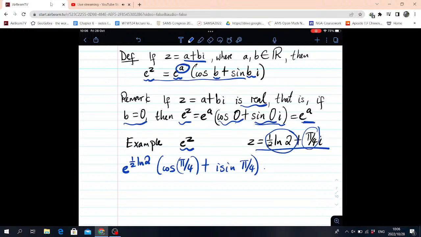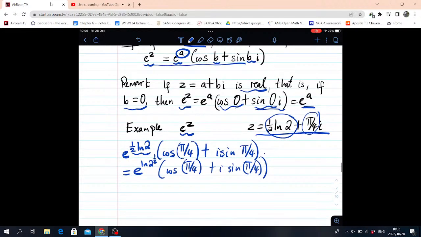And from here, if we use our laws of logarithms, we know that this is e to the natural log of 2 to the half, or the square root of 2, times cos pi over 4 plus i sine pi over 4.